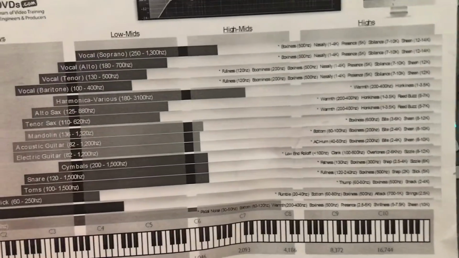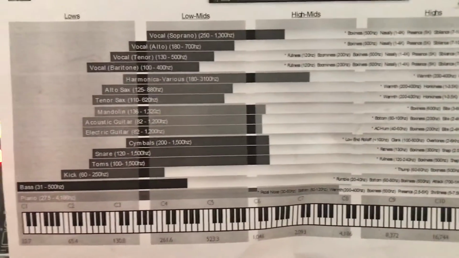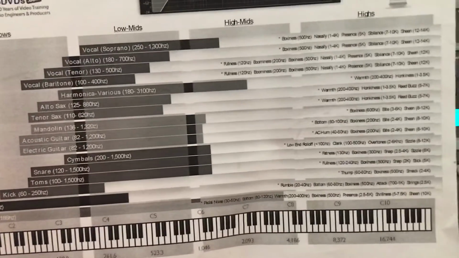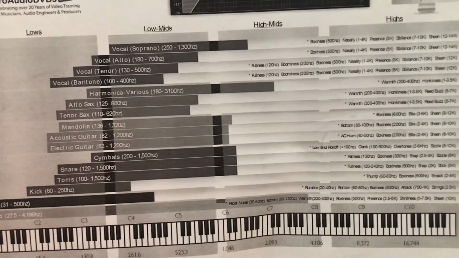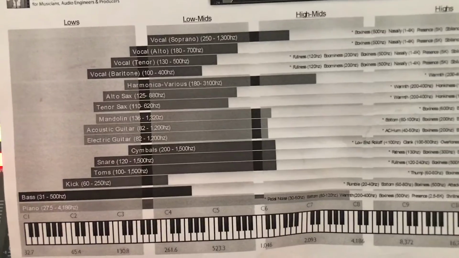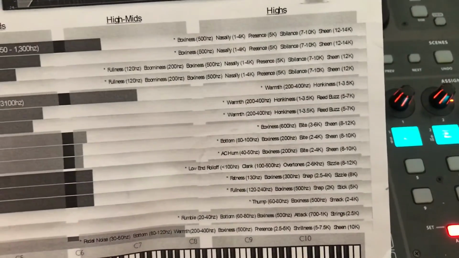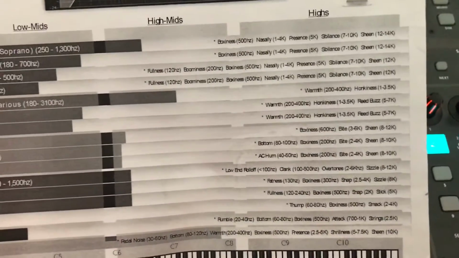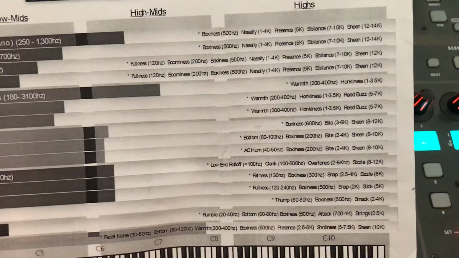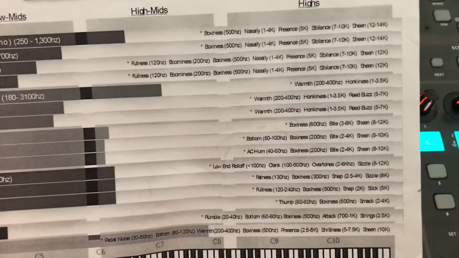Remember, human hearing is from, on the low end, about 20 hertz all the way up to 20,000 hertz in an ideal setting. This tells you where most of the instruments that you might run into reside. And it also gives you some handy adjectives to let you know where you might want to boost or cut in a given sound.